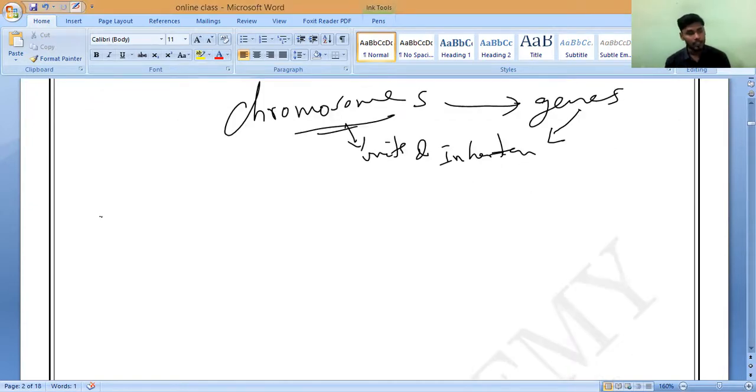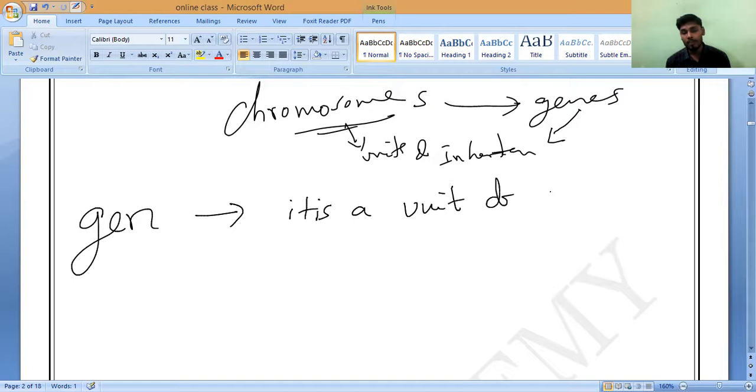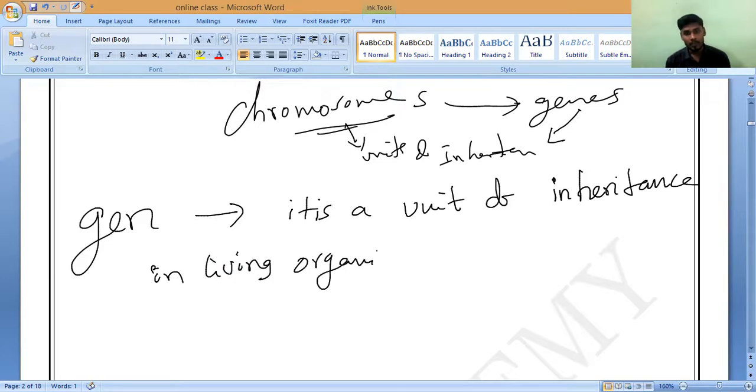Please, all of you, write the definition of gene. G for gene. What is it? It is a unit of inheritance in living organisms. And which is transferred from where to where?